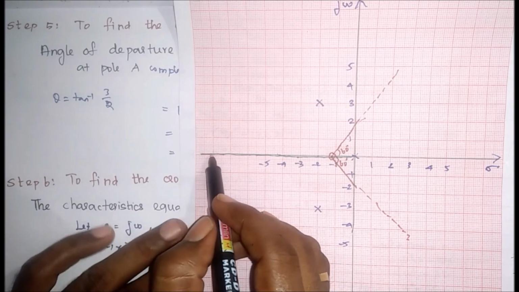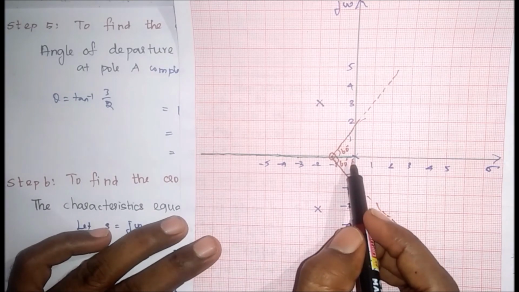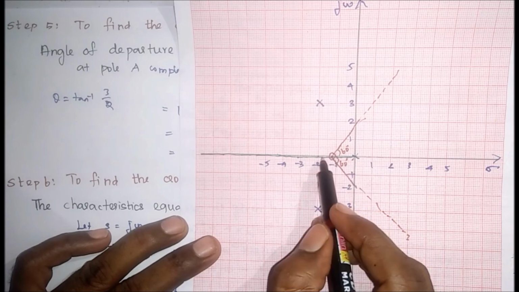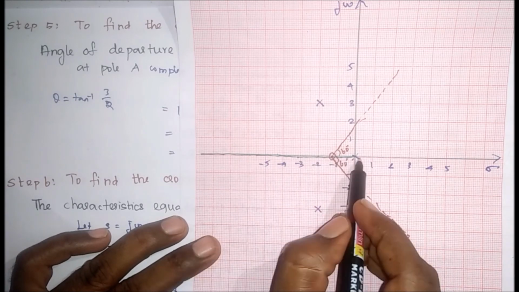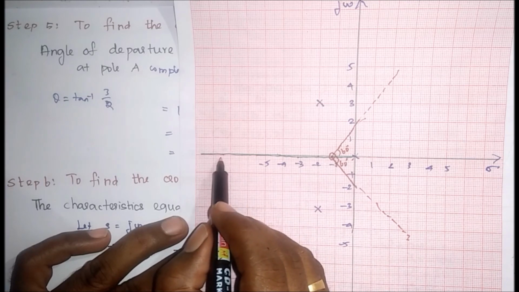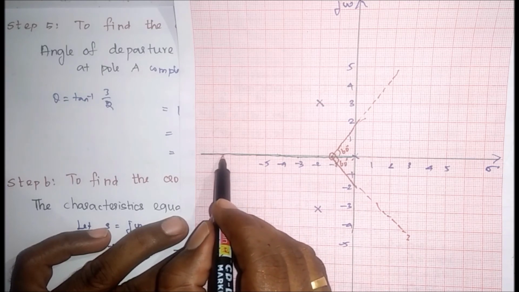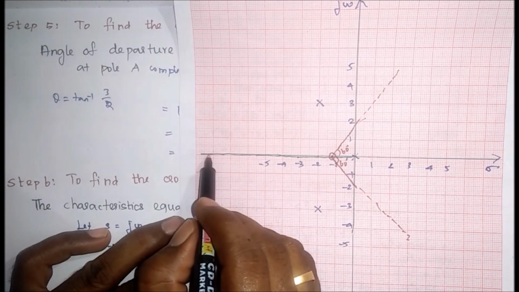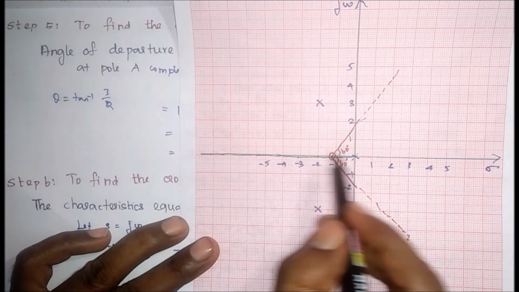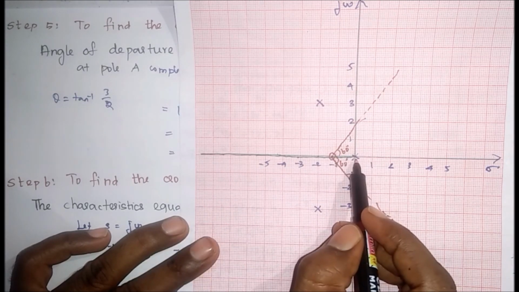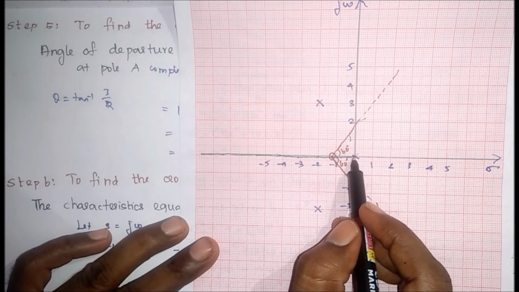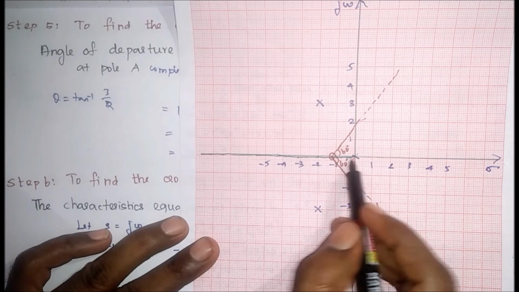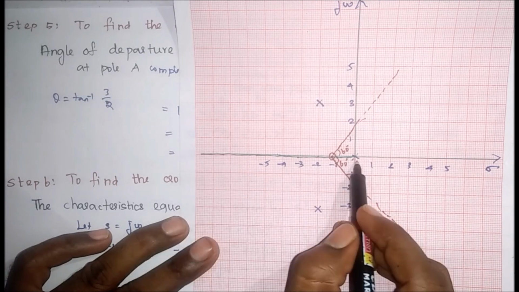We already know this is a part of the root locus. We took a test point after this pole and found that everywhere to the right there is only one pole, an odd number of poles. It means from this point to 0 to infinity, it is a part of the root locus.